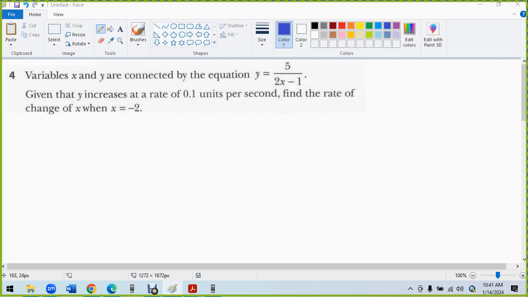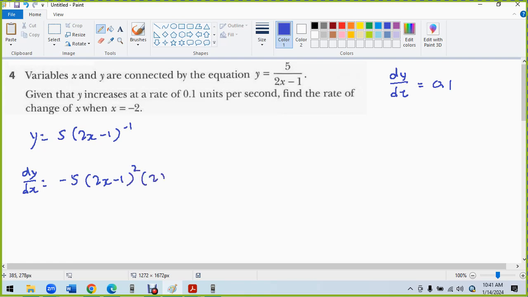So question number 4, y increases at a rate. So this is actually dy/dt is 0.1. We have y is 5 times (2x minus 1) to the power of negative 1. So dy/dx is negative 5 times (2x minus 1) to the power of negative 2, times 2.